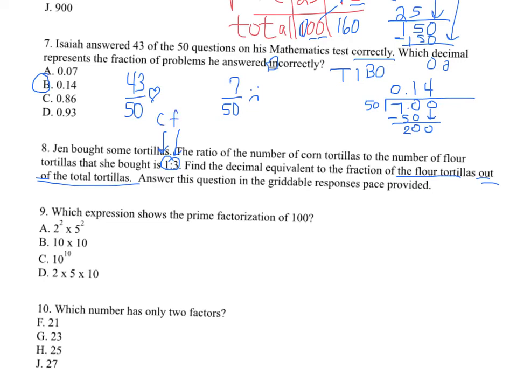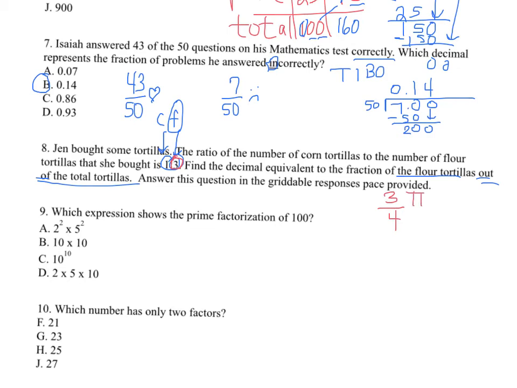Then we need the decimal that's equivalent to the fraction of the flour out of the total. How many were flour? 3 were flour. And what was the total? 4. You had 1 corn and 3 flour. That's 4.